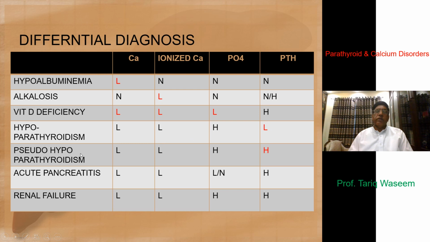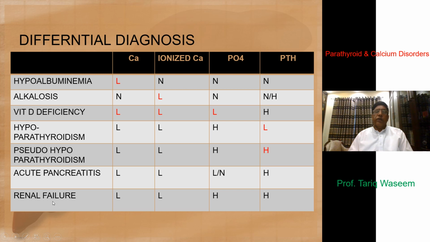In pseudohypoparathyroidism, as we already mentioned, they would have a low calcium, low ionized calcium, high phosphate, and a raised parathormone level, paradoxically. In acute pancreatitis, again, there is increased calcium saponification and hypocalcemia results, but this would result in a slightly elevated parathormone level.